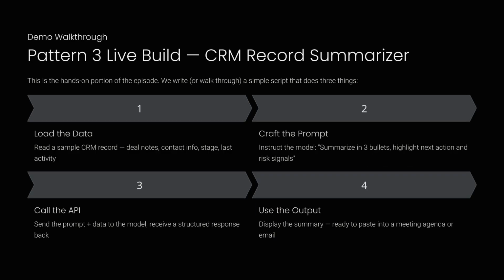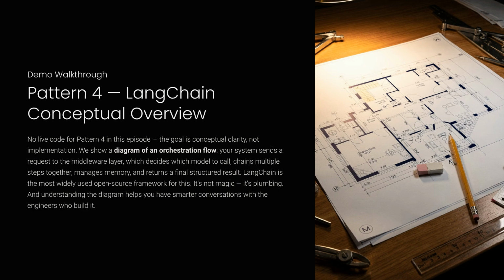In this hands-on section for Pattern 3, we write a script that loads CRM data, crafts a precise prompt for summarization, calls the API, and prepares the output for immediate use. Finally, for Pattern 4, we examine the architecture of middleware frameworks like LangChain. Understanding this plumbing will help you communicate more effectively with your engineering team.